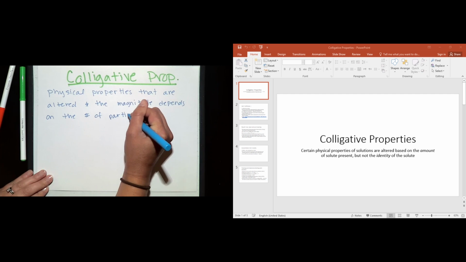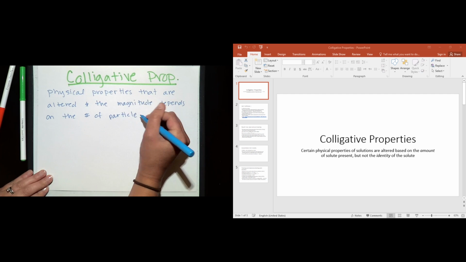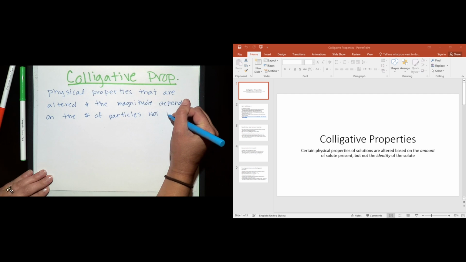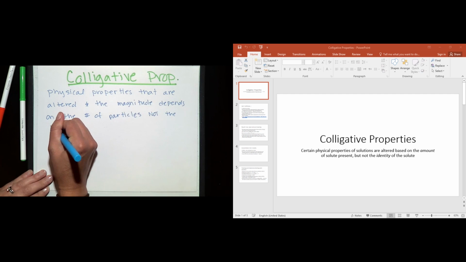These could be ions, atoms, or molecules. The number of particles, but not the type of particle.